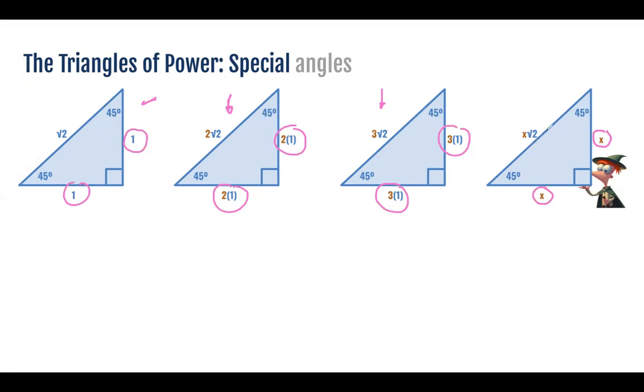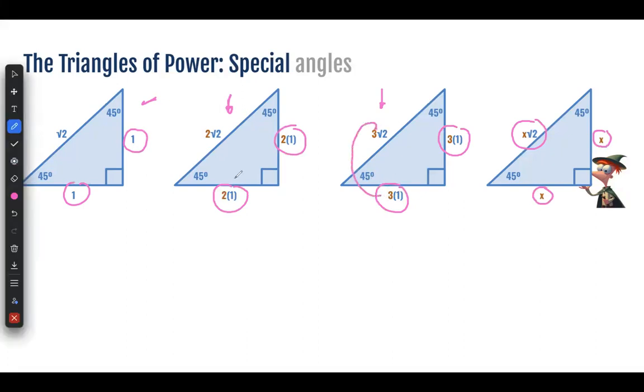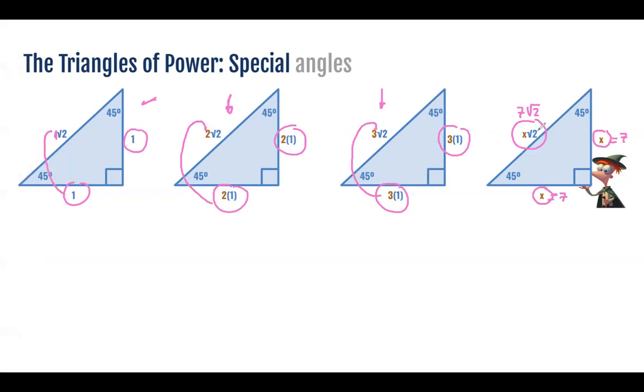And this side is always going to be the length of this side times the square root of 2, 2 times the square root of 2, and 1 times the square root of 2. So we can come to the general conclusion that this side is x times the square root of 2. So if you have this side as 7, this side will also be 7, and this side will be 7 times the square root of 2. So you can use that, and all of those triangles will be similar.